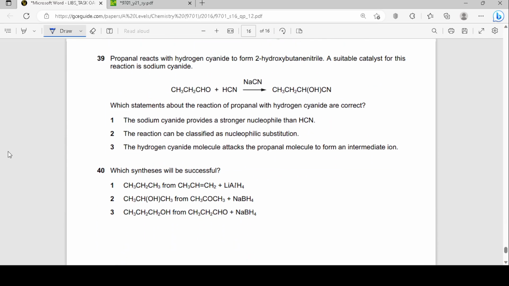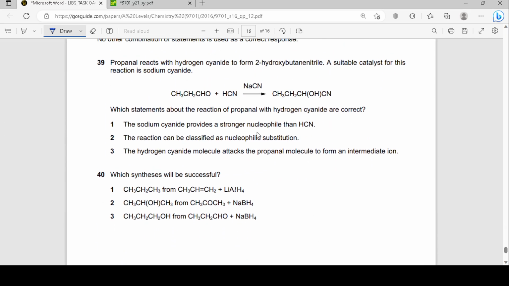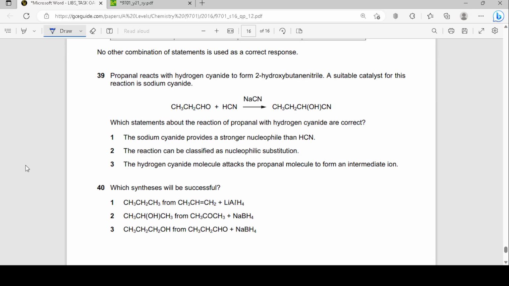Number 1. Okay. Next, propanal reacts with hydrogen cyanide to form 2-hydroxybutanenitrile. A suitable catalyst for this reaction is sodium cyanide. Which statements about the reaction of propanal with hydrogen cyanide are correct? Sodium cyanide provides a stronger nucleophile than HCN. That's right, because HCN is a weak acid, right? It only partially ionizes in aqueous solution, so it's like H+ and CN-.